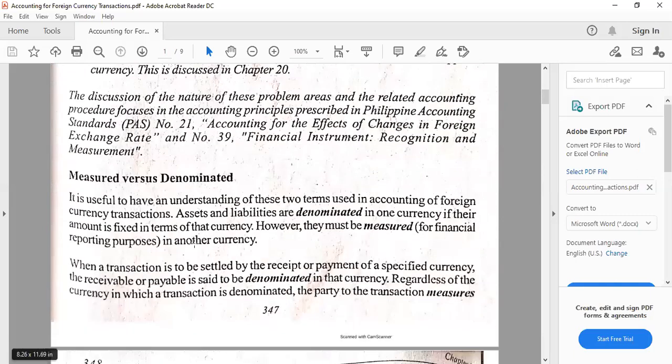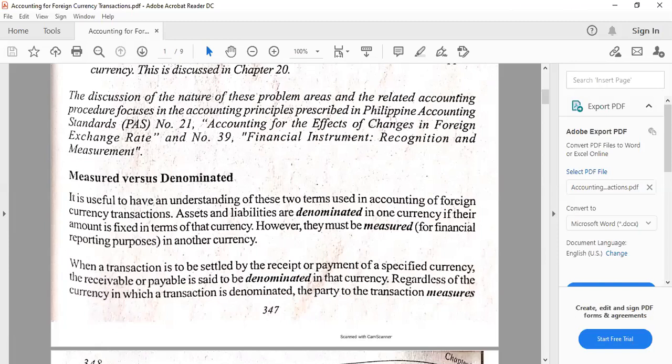Next, measured versus denominated. If you say measured, this is the value that we see as the amount of a transaction, and it must be measured for financial reporting purposes in another currency, while denominated is the value stated in a certain currency.